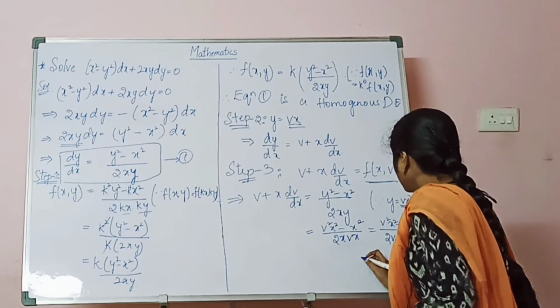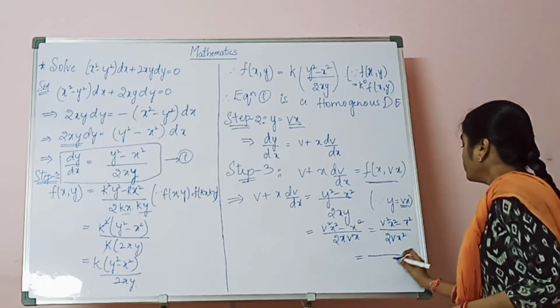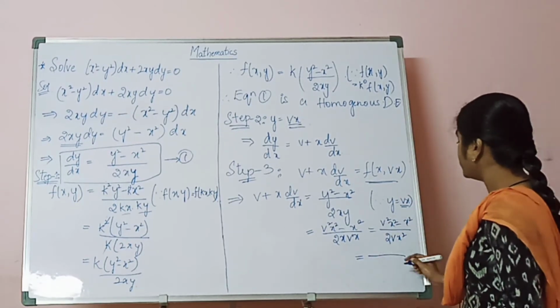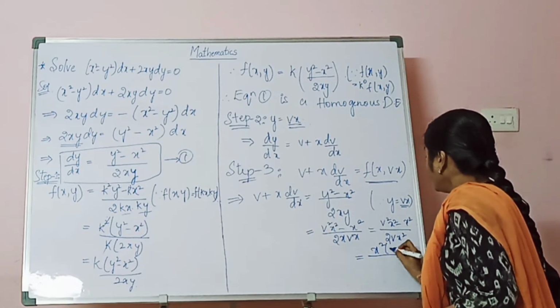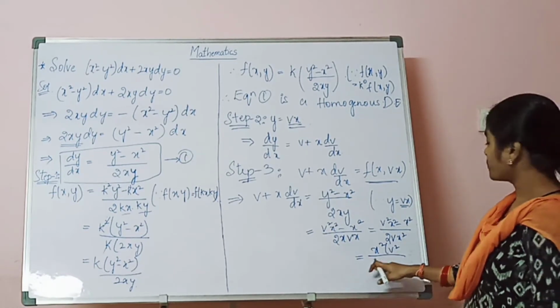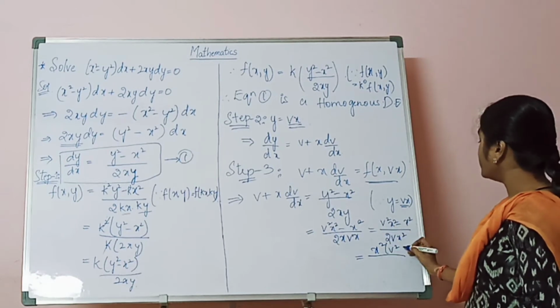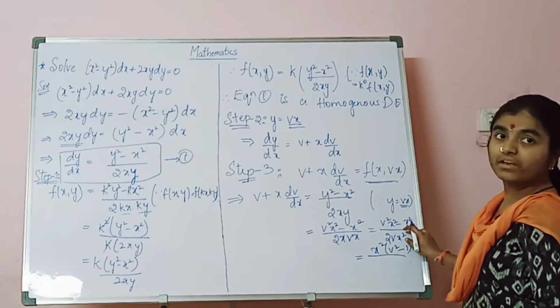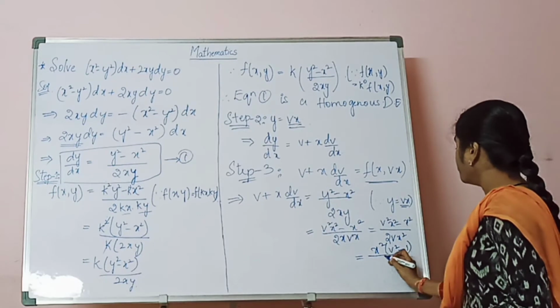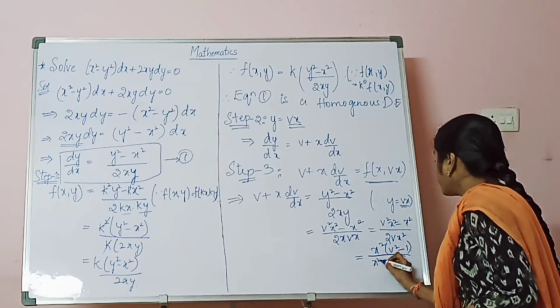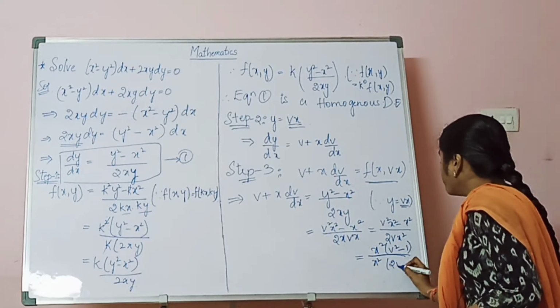Now we have to take x square common here. x square into v square minus 1 by, here also we should take x square common, into 2v.